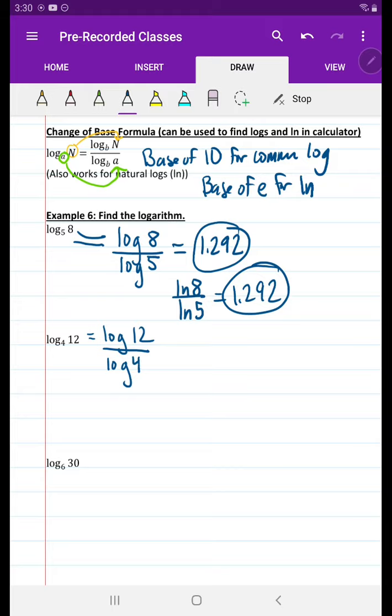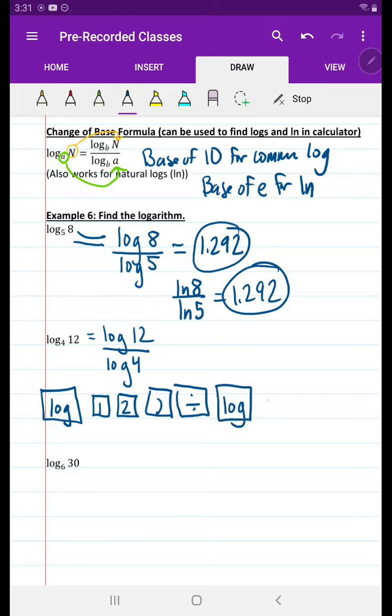How we would punch this into our calculator is you would push your log button, type in 12, close the parentheses, then do your division sign, then another log, type in 4, close the parentheses again, and then hit enter.